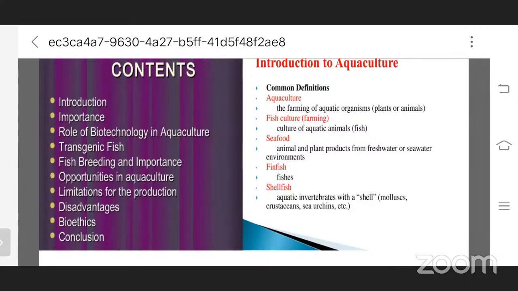The productivity will also decrease sometimes, because continuing the same inbreeding practices decreases the genetic quality of the animals. Then we go to another slide.